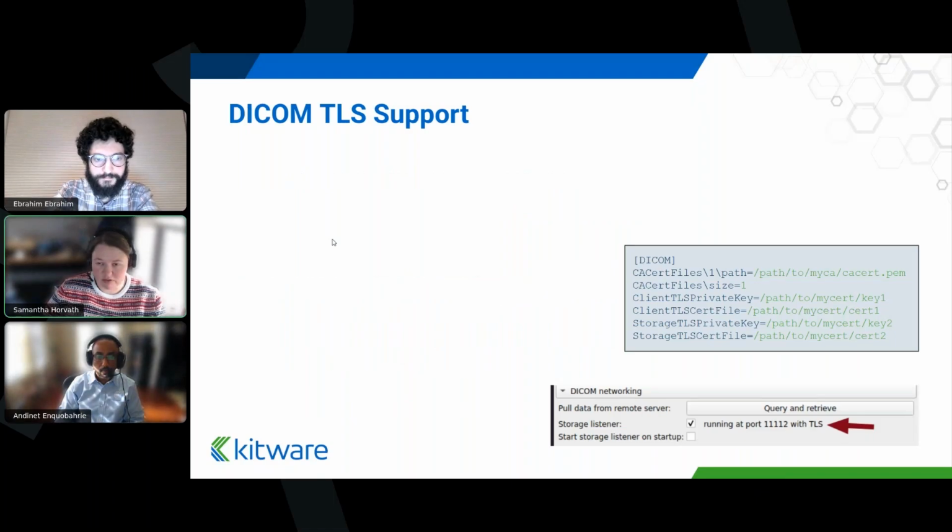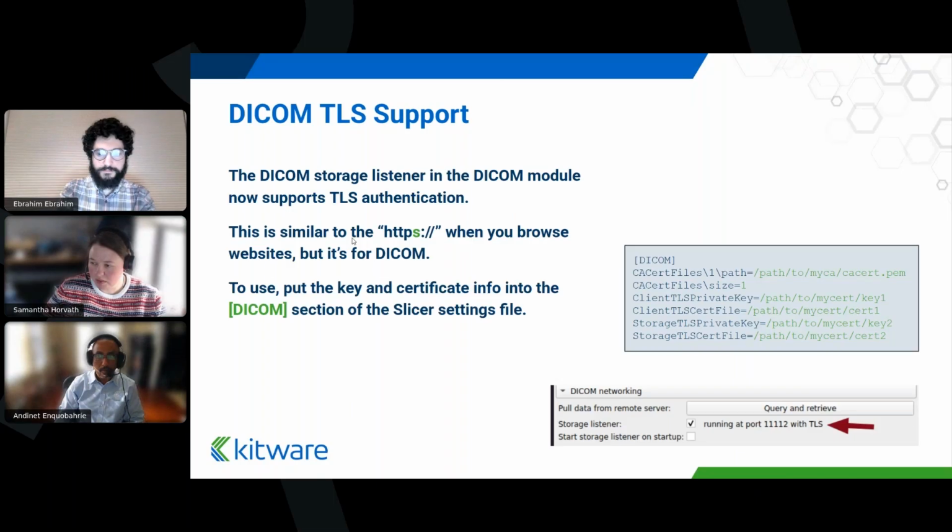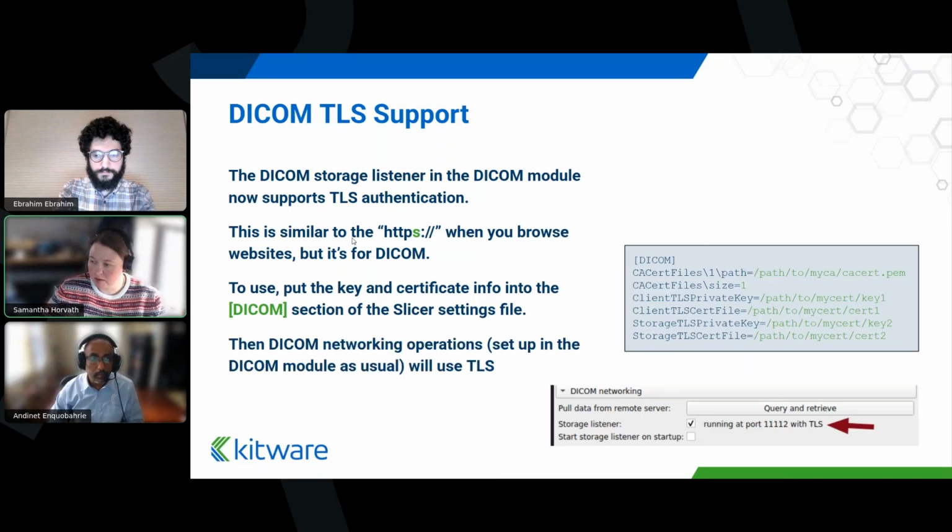And as previously discussed, the DICOM TLS support, which improves the DICOM PACS interface within encrypted hospital contexts. So this is very good for application developers who want to deploy within an encrypted PACS system.